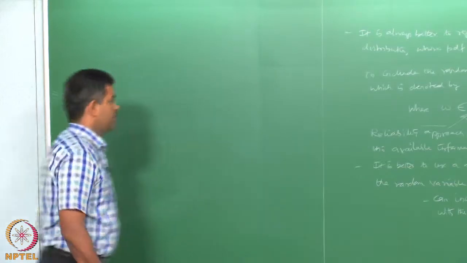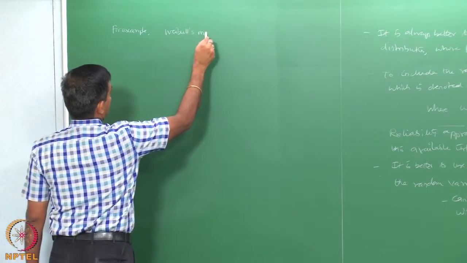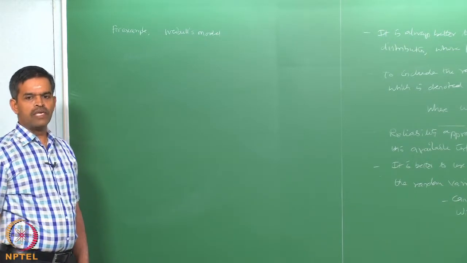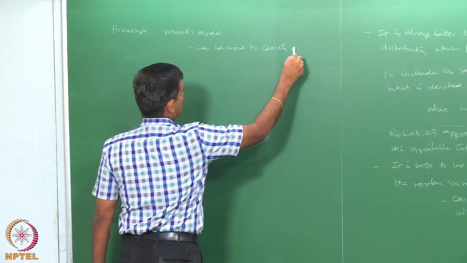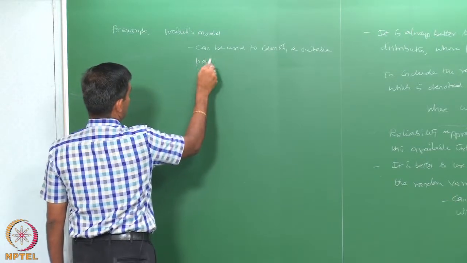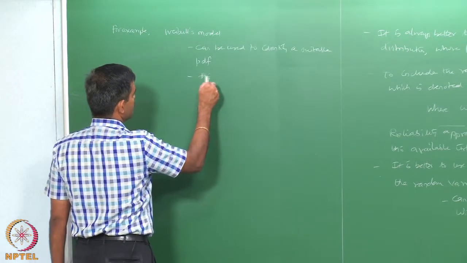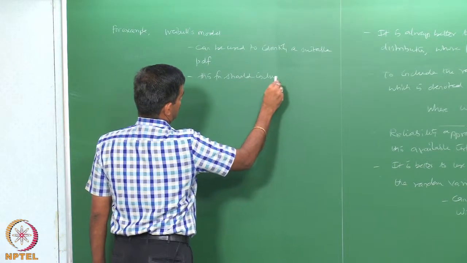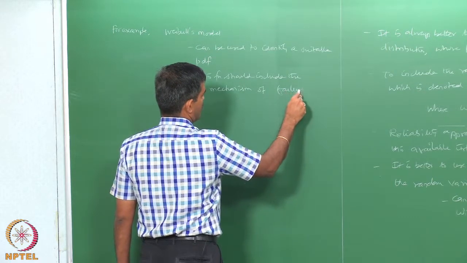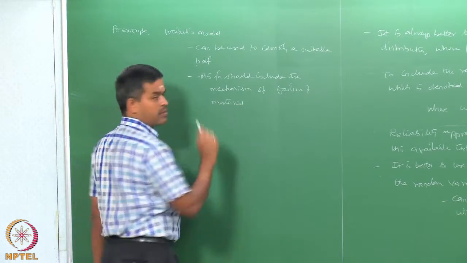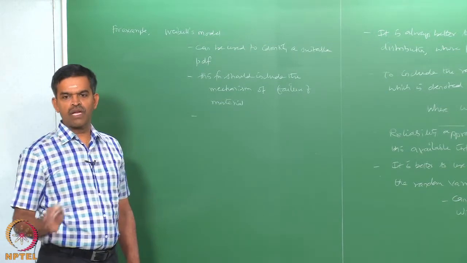Let us say, for example, a Weibull model can be used to identify the probability density function, which should include the mechanism of failure of the material, and more precisely the internal defects of the random variables.